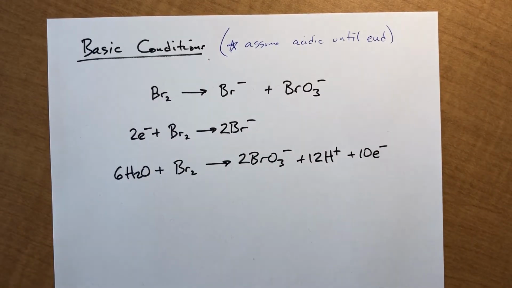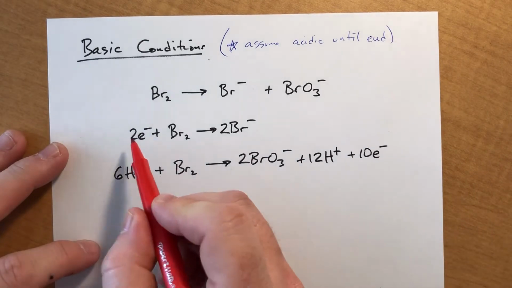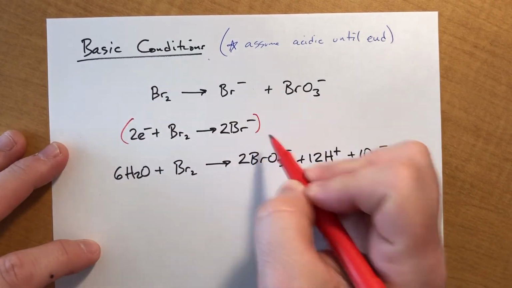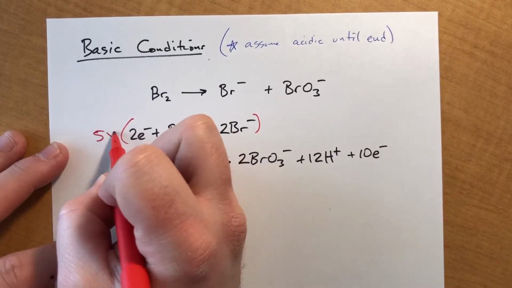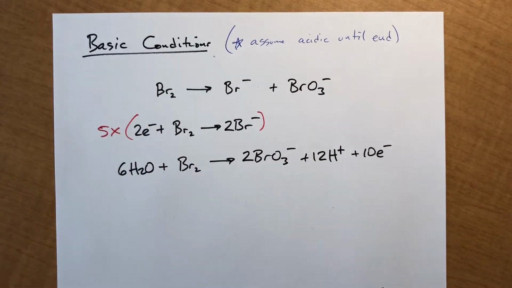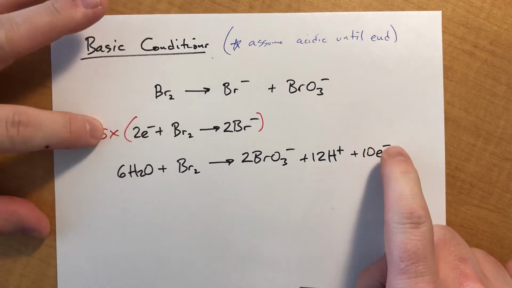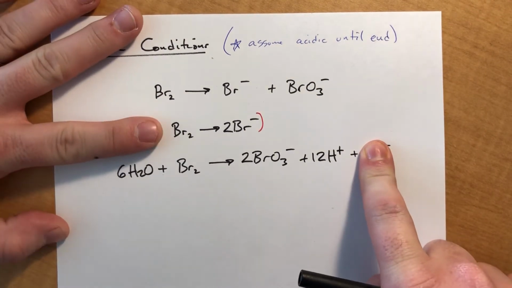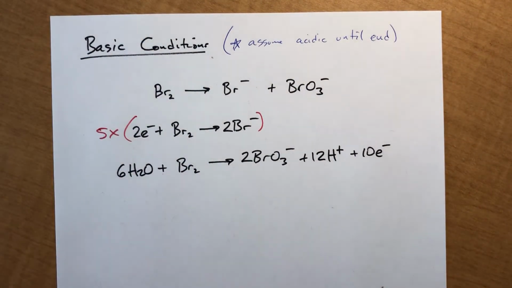Okay, a little messy, but not too bad. To cancel out the electrons so that we can combine these reactions, this one has 10, this one has 2, the least common multiple is 10, so this one's good. We need to take everything in here times 5. So the electrons will cancel out: 5 times 2 would be 10, this is 10, so I'm not even going to write them. But we're going to write everything else.